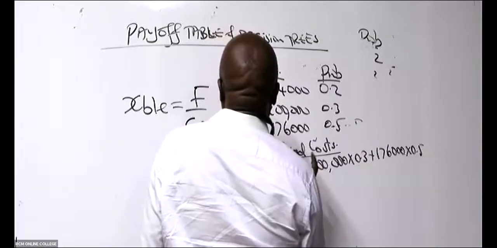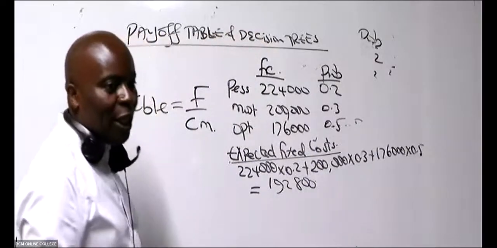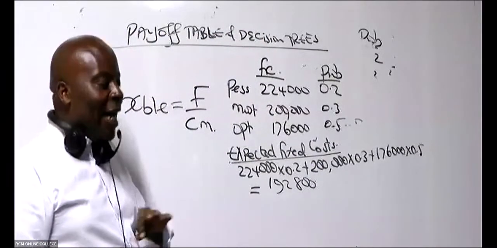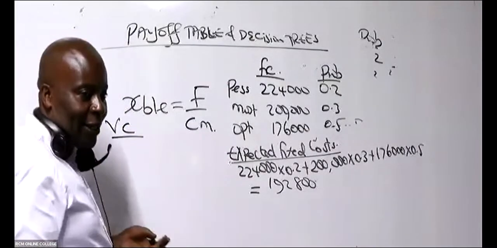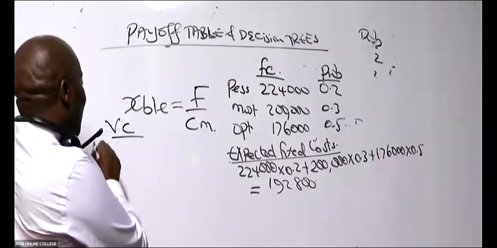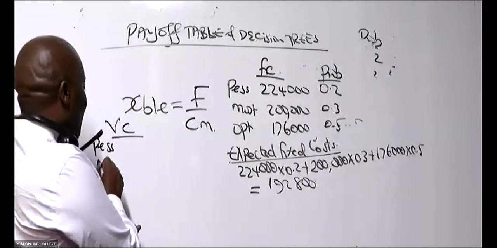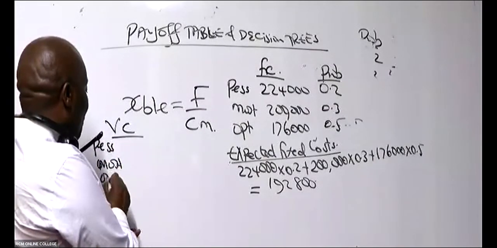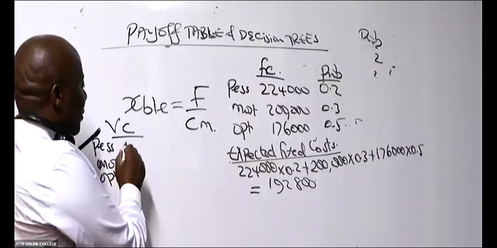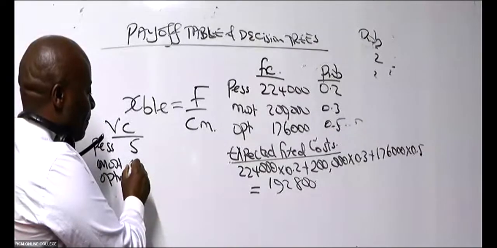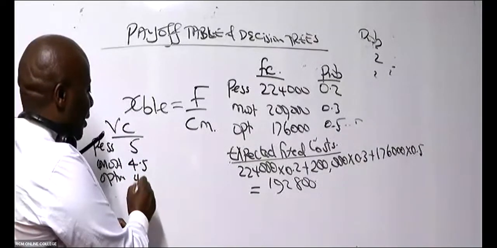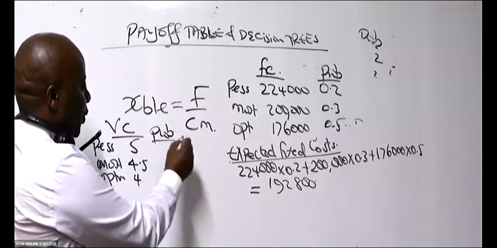Now, for me to be able to get a contribution margin, we need variable cost. And even this variable cost, we're not so sure which variable cost will happen. There are three possibilities under the three states. So pessimistic, most likely, then optimistic. So what was the pessimistic variable cost? 5. How about most likely? Then lastly, fortunately, we know the probabilities.